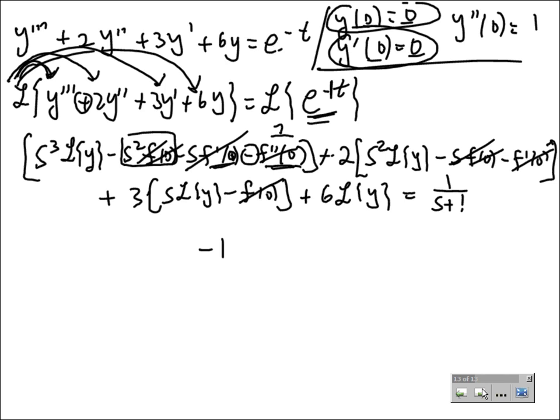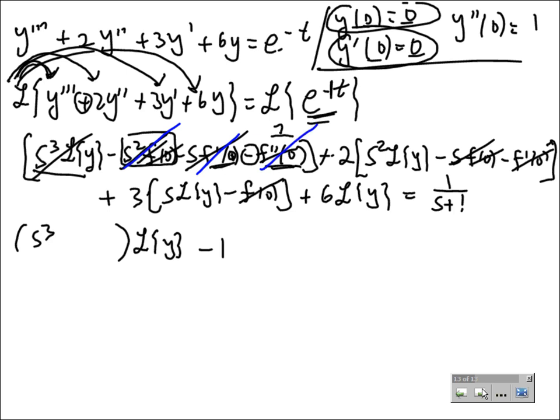So what we have is a number of L of y's. How many do we have? Well, right here we have s cubed. This is gone. This is gone. I already wrote down minus 1.